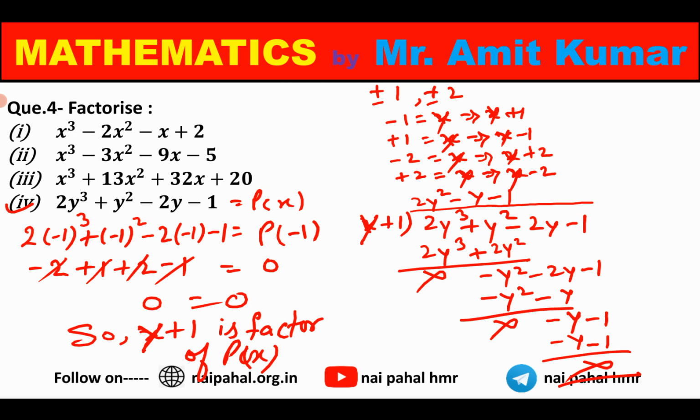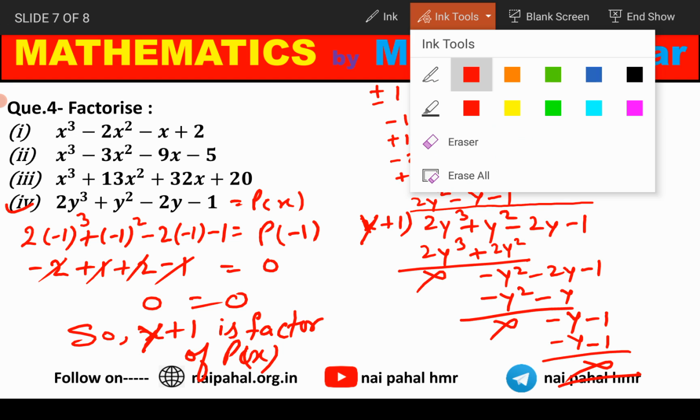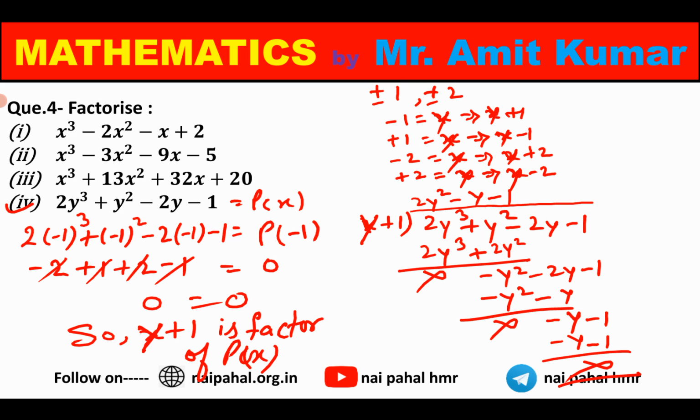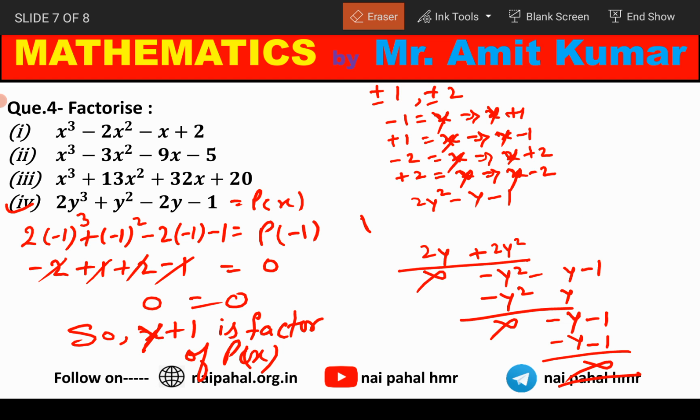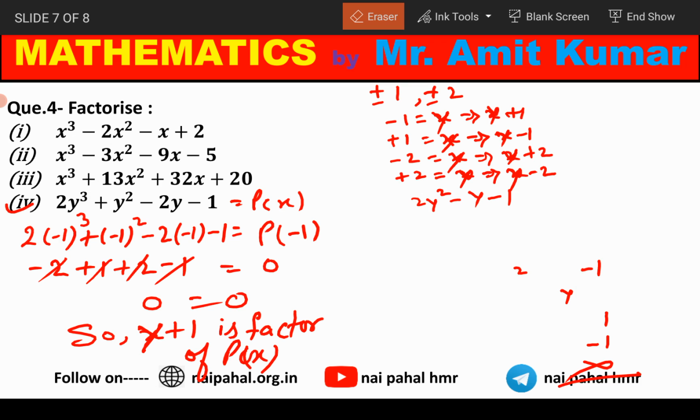If p(x) is given as this, then let's take the value of p(x) at x as minus 1. So we can take here 2 times minus 1 to the power 3 plus minus 1 to the power 2 minus 2 multiplied by minus 1 and minus 1. So it will be minus 2 and plus 1, plus 2 and minus 1.